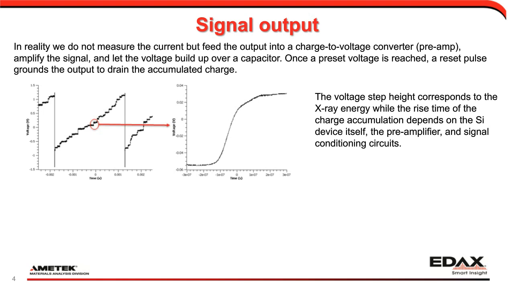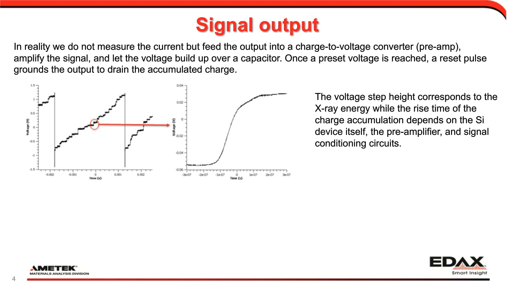And we, of course, see this takes some time to sweep the full electron cloud into the anode. So it's not a delta function step. It's spread out in time, and the amount of time depends on the silicon device itself, our preamplifier, and all the signal conditioning circuits we have after the device itself as well.